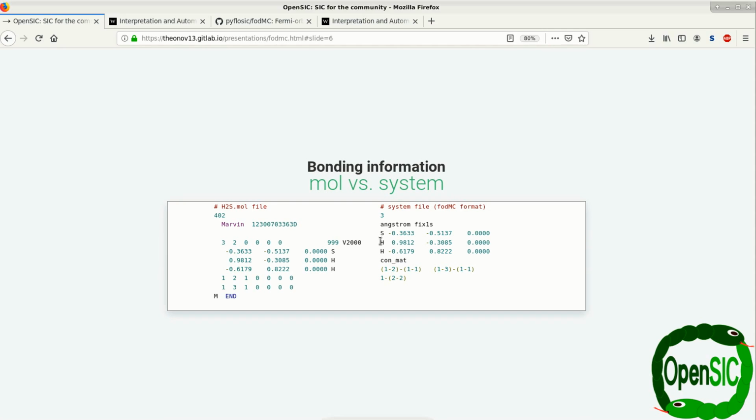The exact same information is given over here, where we have 3 atoms, the atomic coordinates are given in angstrom, and we also specified that we want to place the 1s FODs exactly at the nuclear sites. We then provide the atomic species and the coordinates. And after this comment line, we provide the bonding information and the lone pair information.